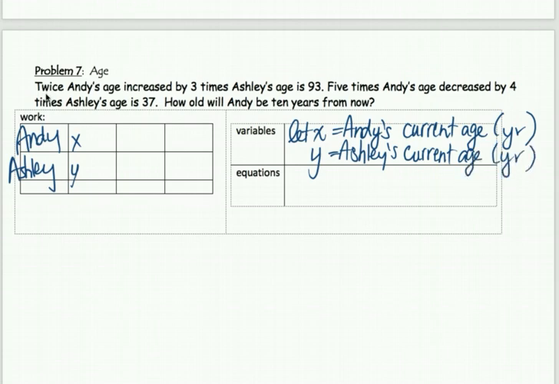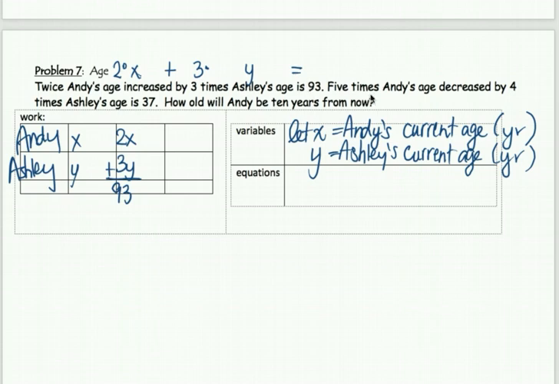We're going to go through and translate these. Twice Andy's age, increased by 3 times Ashley's age, is 93. So we have twice Andy's age and 3 times Ashley's age added together makes 93.